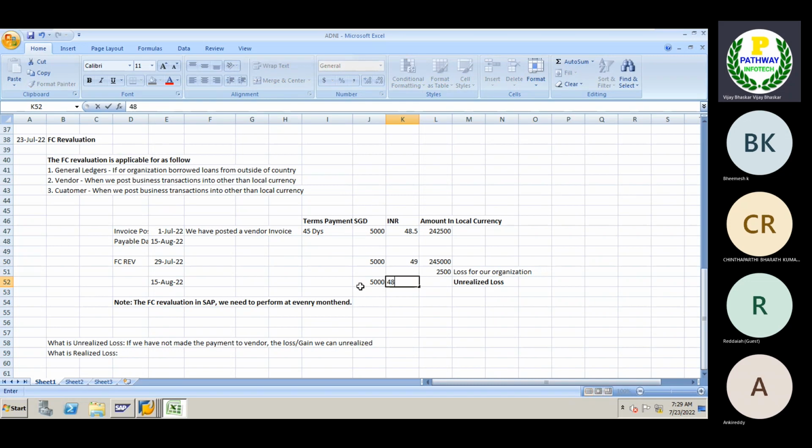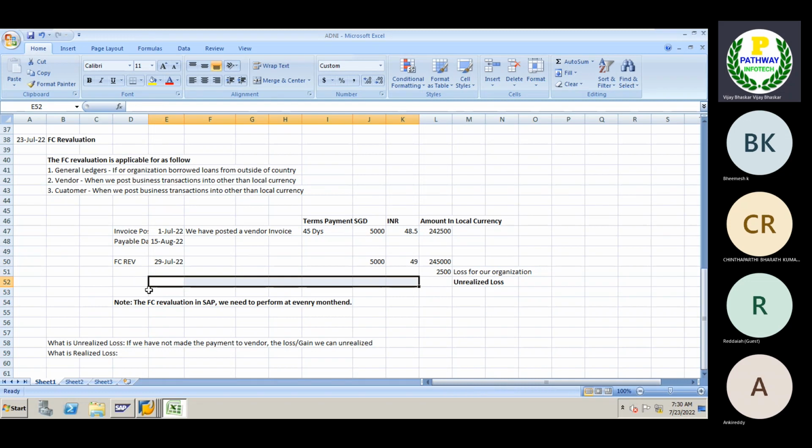But maybe on that day the exchange rate might be 48 rupees. If it is 48 rupees, then we will gain 2,500 rupees. On the 15th of August only we will come to know whether we are gaining or losing.